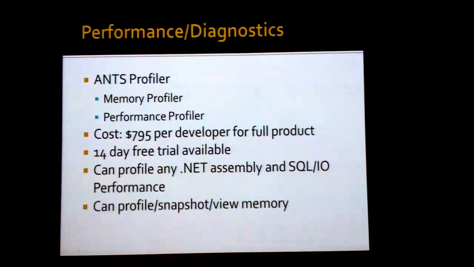Biggest thing that you can do with it is you can profile any .NET assembly. They're also now giving you the ability to track the performance of your SQL and file system I/O. So if you're going off to SQL Server and it's taking 25 seconds, it can actually accurately trace that .NET stopped processing at this point, SQL Server was processing for this amount of time and came back, and then continued on from a .NET perspective.